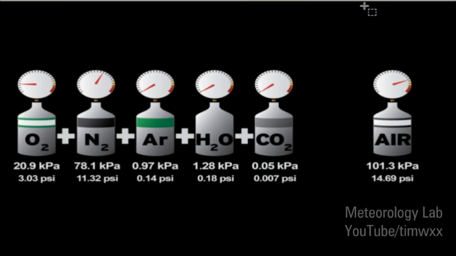This shows the concept of Dalton's Law of partial pressures. These are all the gases that make up the atmosphere. We have oxygen, we have nitrogen, which makes up about 70% of the air, we have argon, we have water vapor, and we have carbon dioxide.